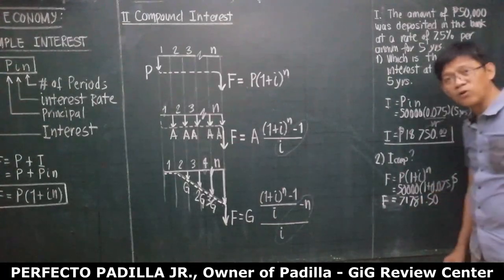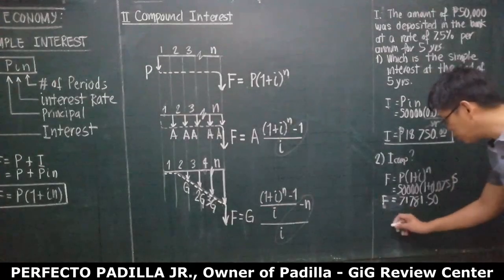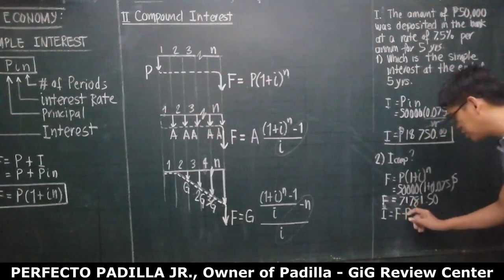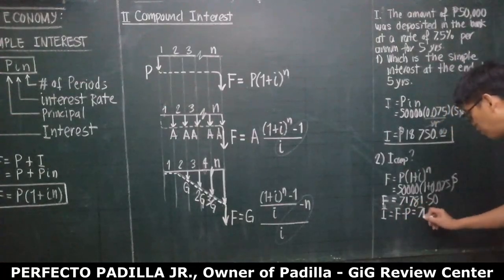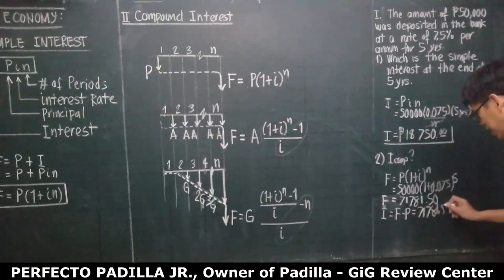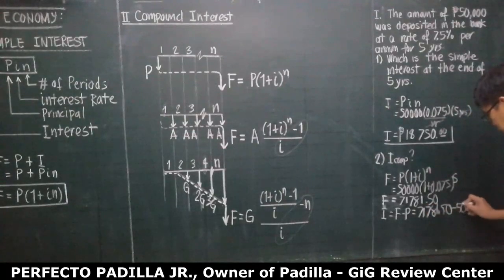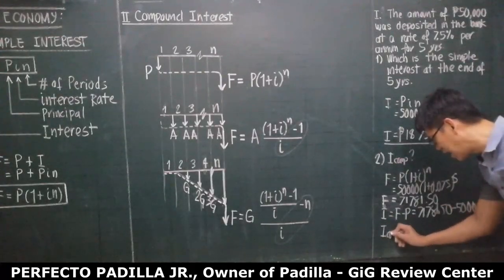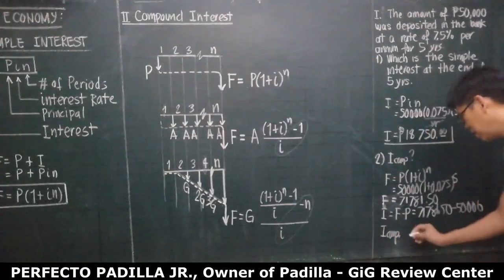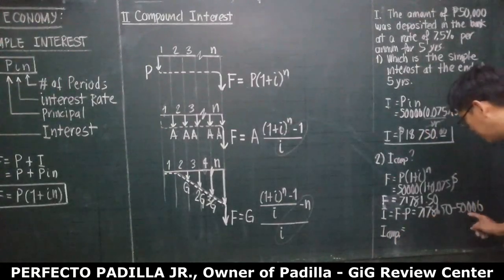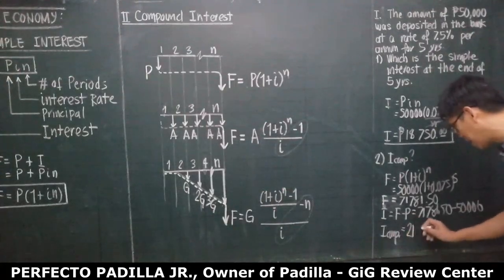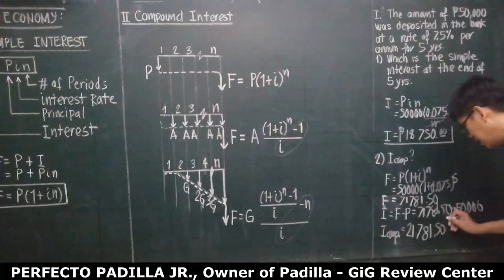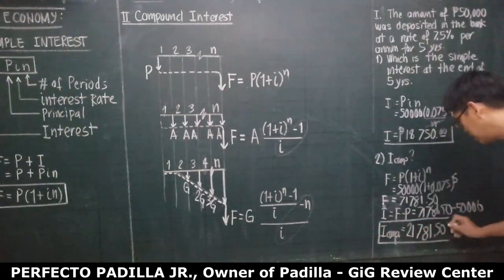Okay? Kuha? So, if you subtract the principal, the interest is F minus P. So, it is 71,781.50 minus 50,000. You'll get the compound interest to be equal to 21,781.50. This is the compound interest.